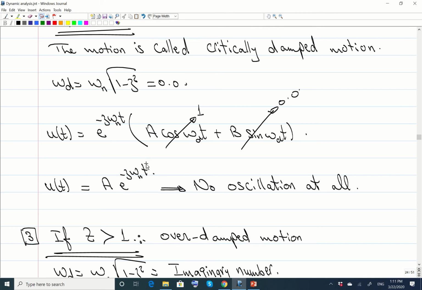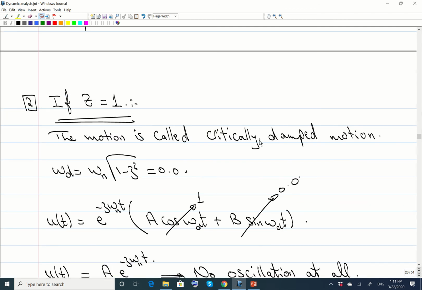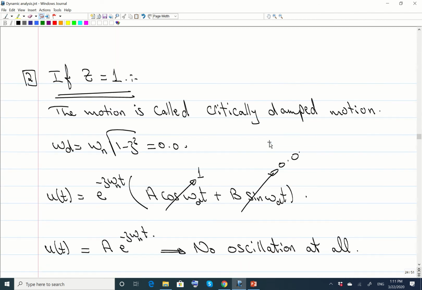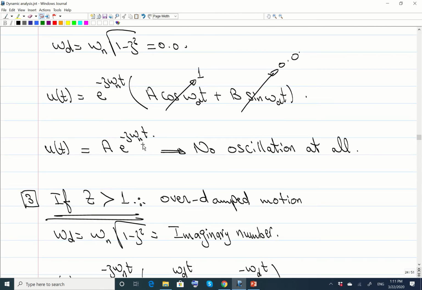Okay, what is this? It's only the first term of the function. You don't have oscillation. So if zeta is equal to 1, this is called critically damped motion, and for critically damped motion there is no oscillation. It's just a decay, an exponential decay of the motion.